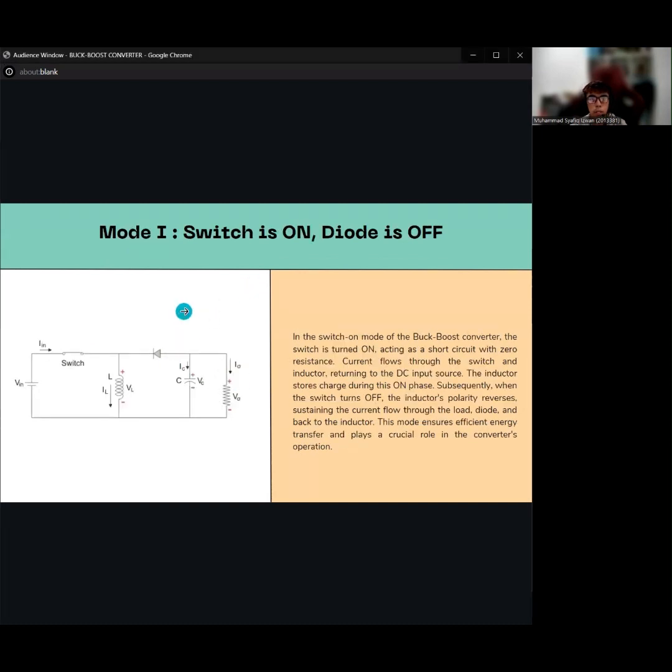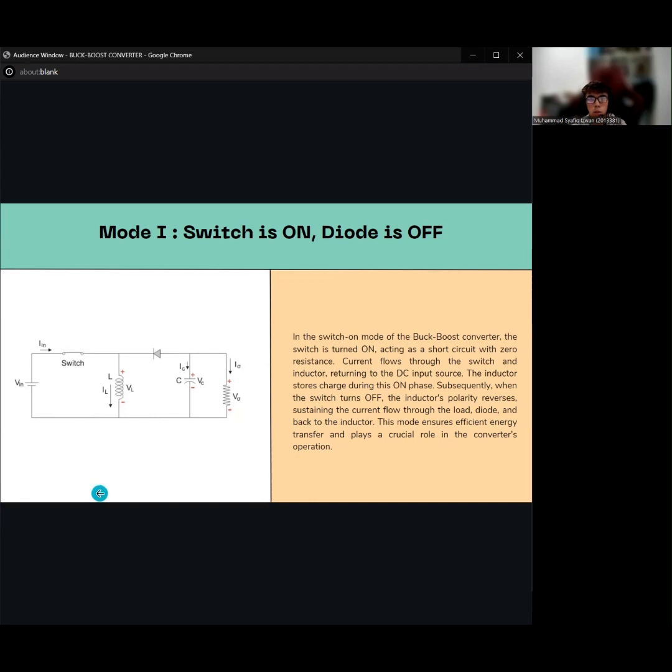Next, showing a buck boost converter for mode 1. The switch is on and the diode is off. So we can see here the switch is currently closed. It acts like a short circuit with zero resistance, allowing the current to flow through the switch and also the inductor, and then return to the DC input source.